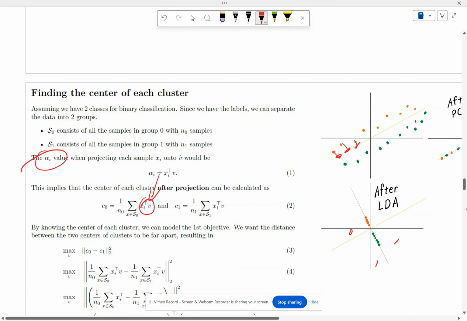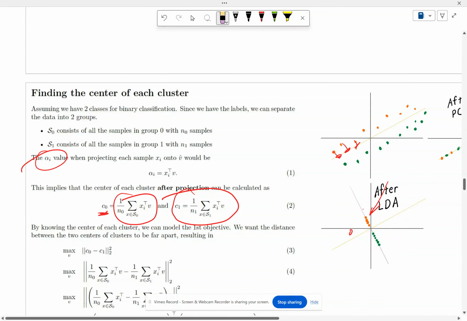So after the projection, if you were to find the average of those points, it will give you the center. Okay, so for the cluster center 0, you will average all the points and find the middle point. Again, you will average all the points for the green class and then find the center. So finding the center is pretty easy. You project the data, then you find the center.